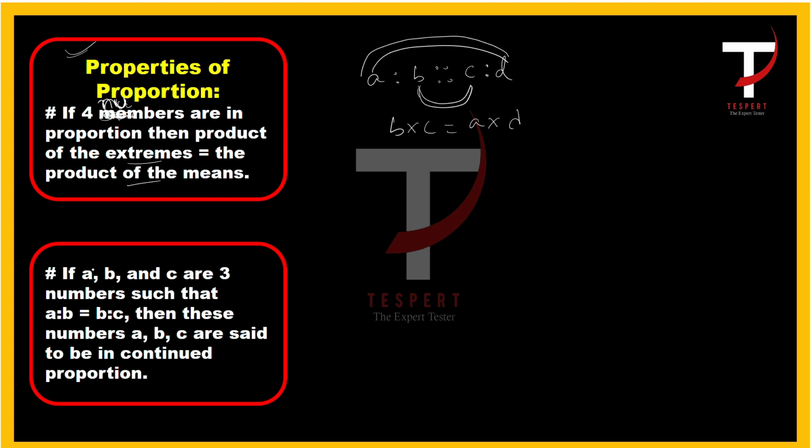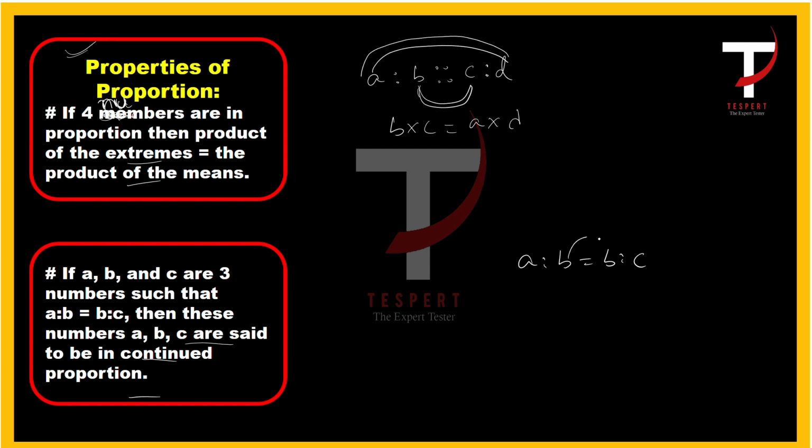If a, b and c are three numbers such that a is to b is equal to b is to c, then these numbers a, b, c are said to be in continued proportion, right? So how can we further calculate this?